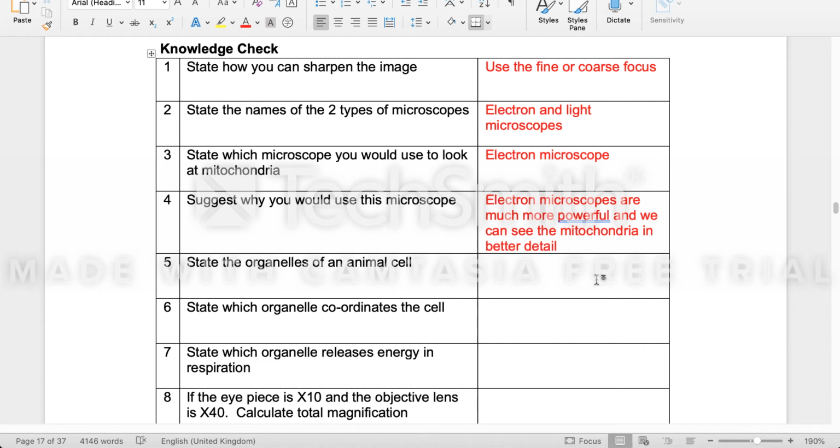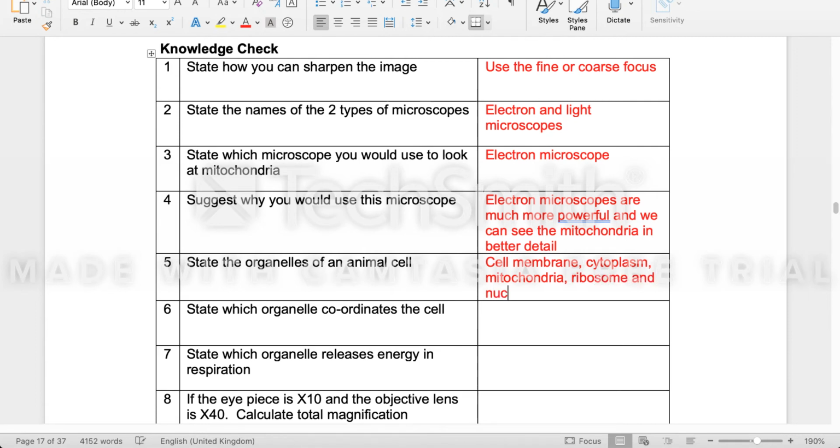So there are 5 major organelles that we talked about in lesson 8, and those are the cell membrane. Okay, and remember, I'm not going in any particular order here, so you don't need to memorize them in this order. Mitochondria, cytoplasm, ribosome and nucleus. Okay. Again, I'm not going in any order here. As long as you know the 5, that's all you need to do.